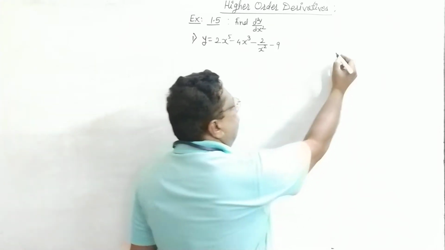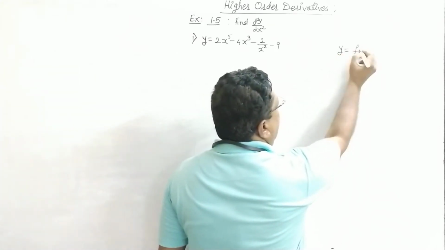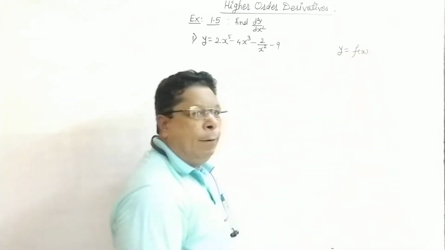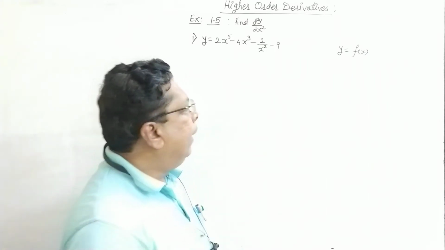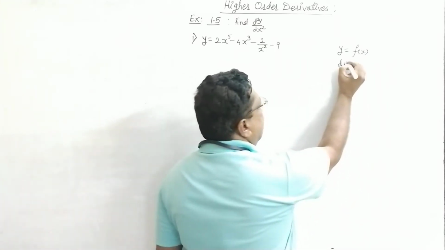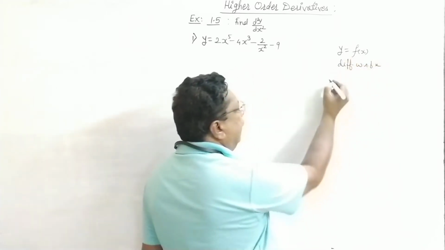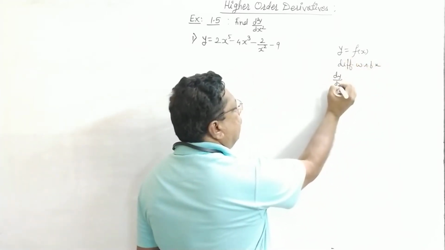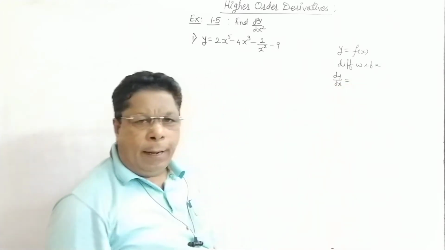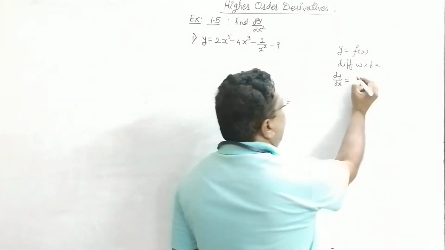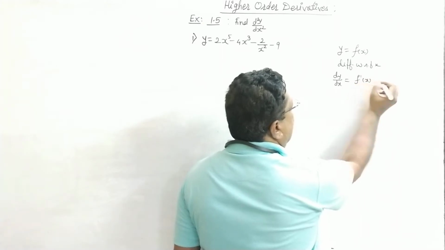Suppose the given function is y equal to f(x). If we differentiate with respect to x, what is the derivative of y with respect to x? That is dy by dx. The derivative of f(x) is f dash x.